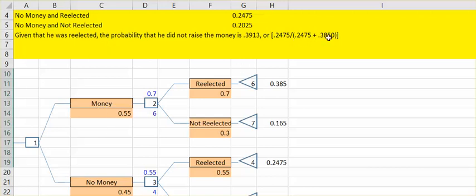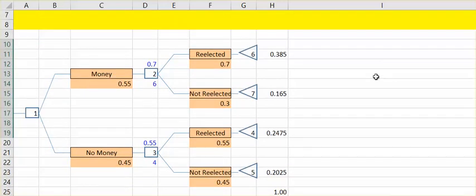That's in our denominator. In the numerator, given that he was re-elected, the probability of not raising money, re-elected and not raising money, was 0.2475. Therefore, given that he was re-elected, the probability he did not raise money is 39.13%.